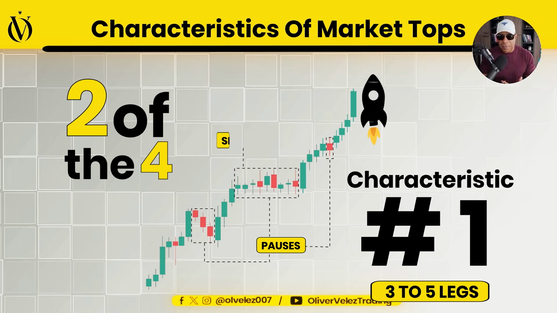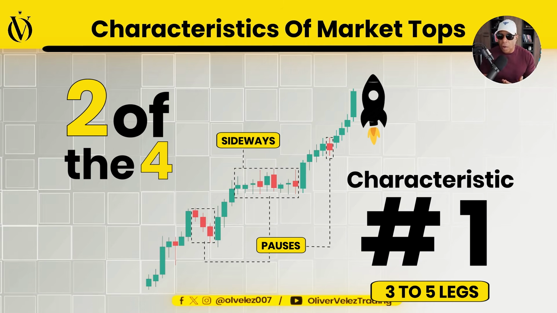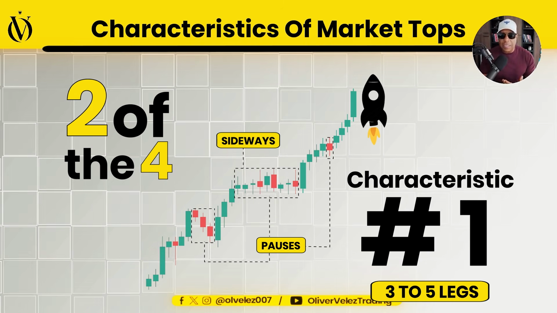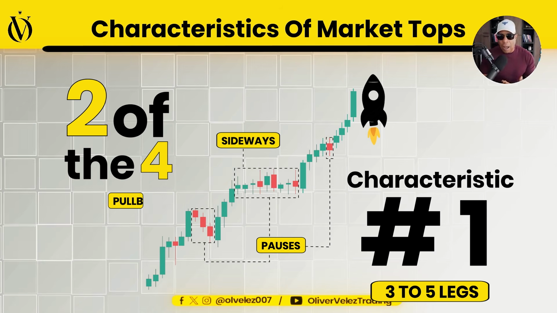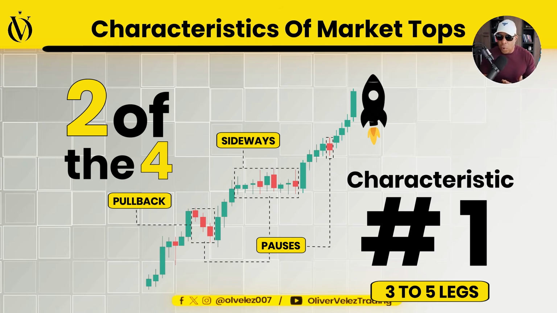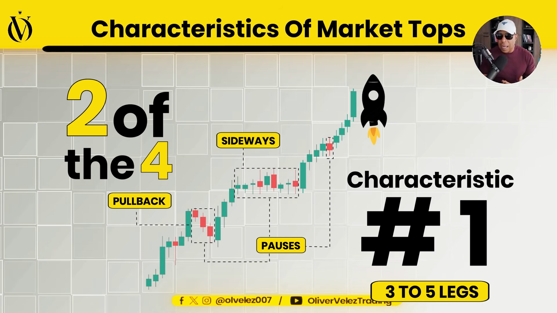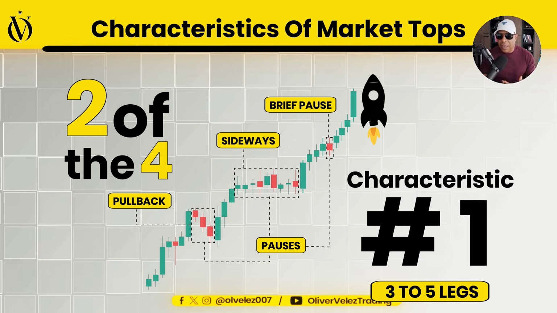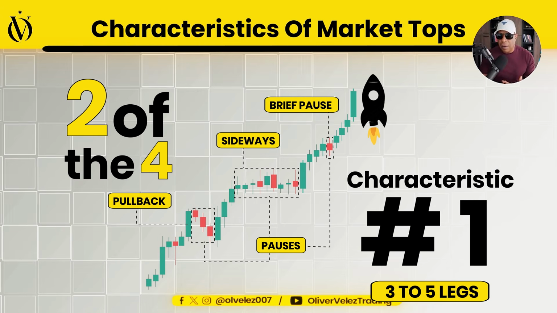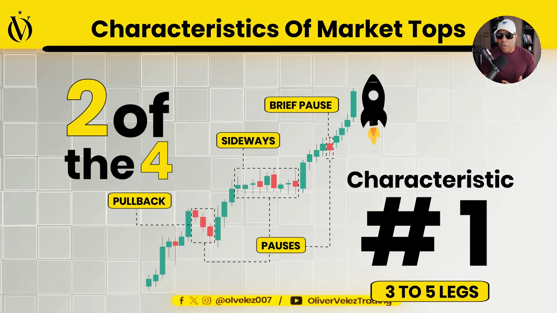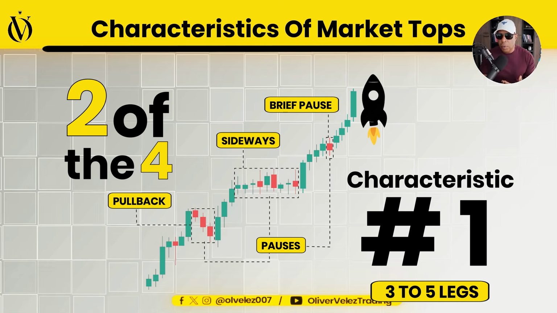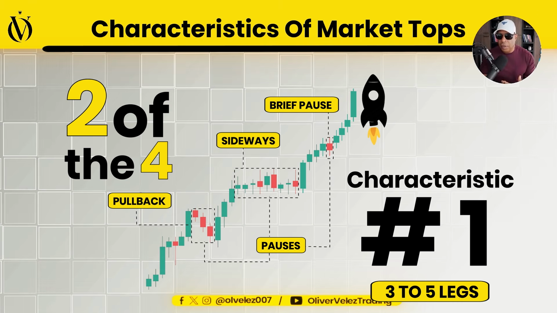Sometimes that pause can just be sideways movement, and boom, you're off to the next leg. Sometimes that pause can be a mild pullback, and then boom, you're off to the next leg. Sometimes that pause can be very brief, just a little stutter, a little flickering, which I demonstrate with a circle, and boom, you're off to another leg.